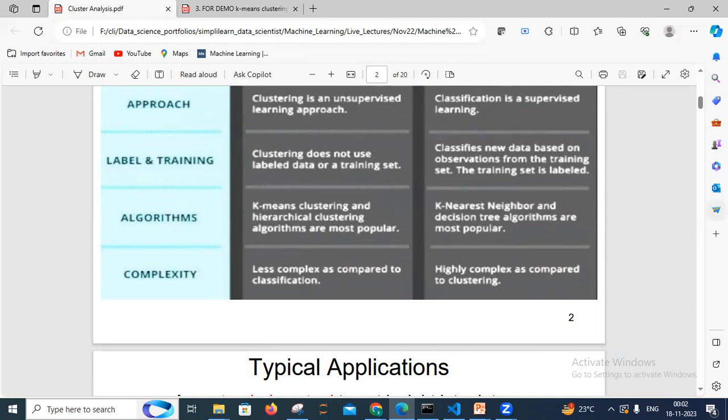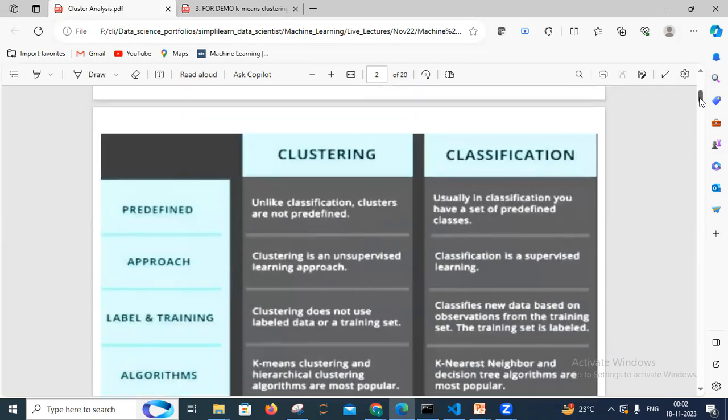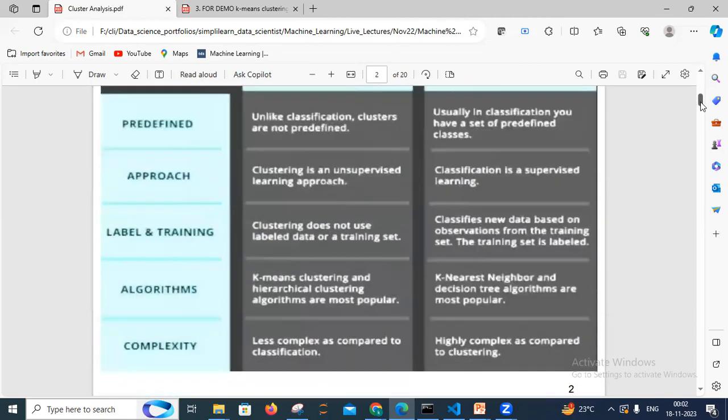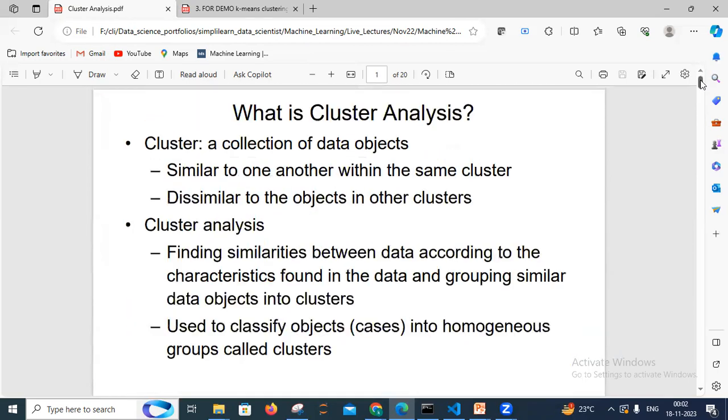So I hope you have some idea of clustering and classification techniques, clustering algorithms, and what cluster analysis is, right? Whenever we are going to proceed, first we have to understand whether there is any label data or not.